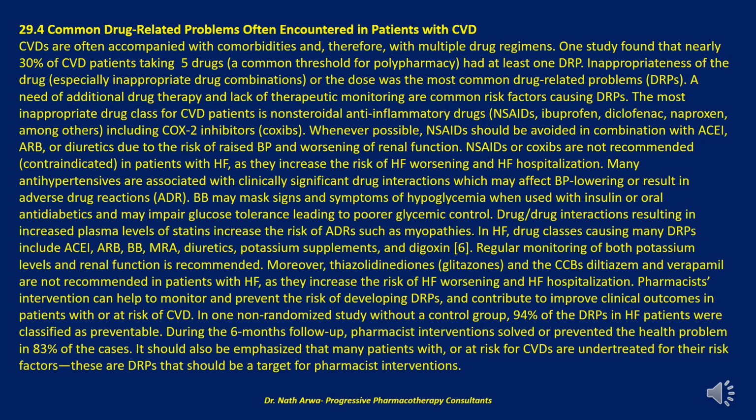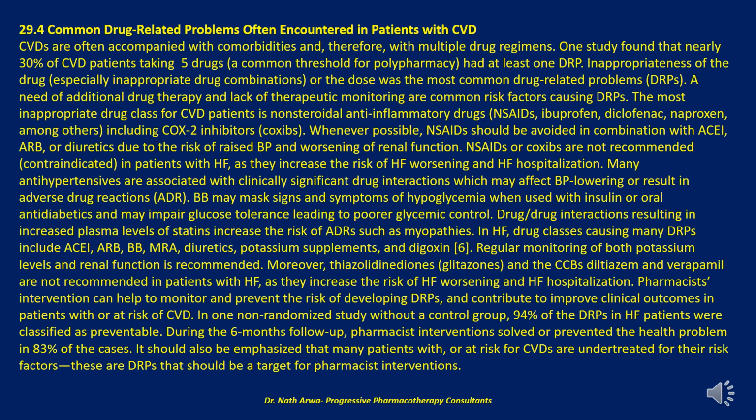Next we will discuss common drug-related problems often encountered in patients with cardiovascular disease. Cardiovascular diseases are often accompanied with comorbidities and, therefore, with multiple drug regimens. One study found that nearly 30% of cardiovascular disease patients taking 5 drugs, a common threshold for polypharmacy, had at least one drug-related problem.